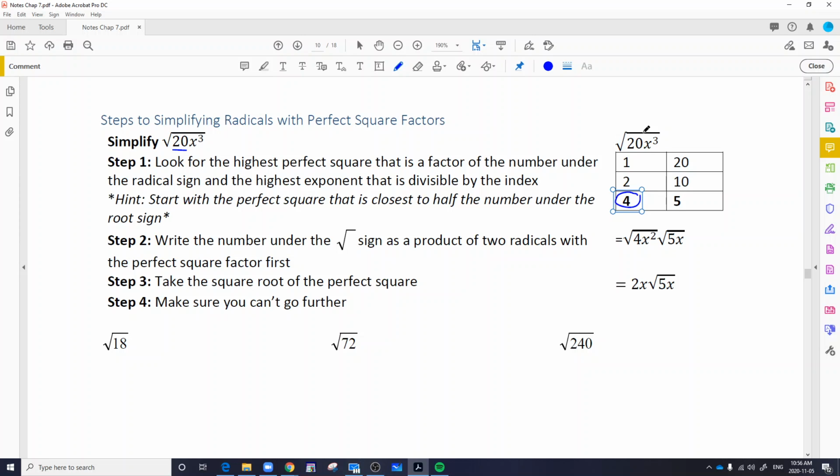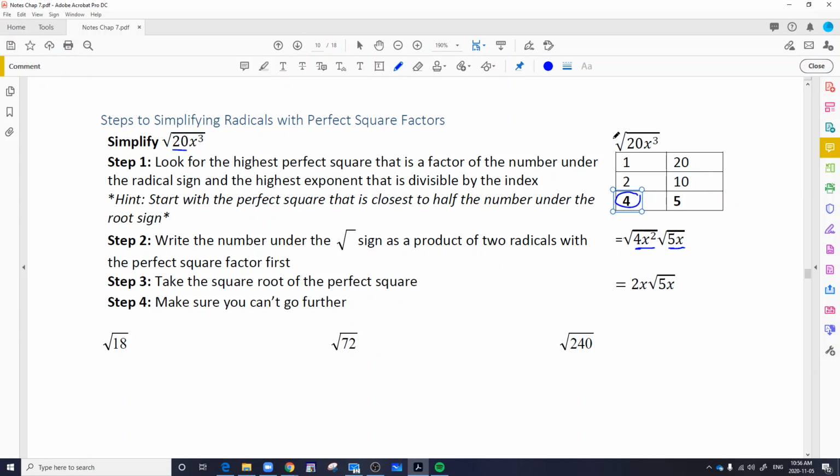We are going to break our radical up into factors, so they're going to be multiplying radicals. The first radical is going to contain your perfect squares, and the second radical is going to contain the things that you can't take the square root of. So if we have the two factors of 20 being 4 and 5, 4 we can take the square root of, and 5 we can't.